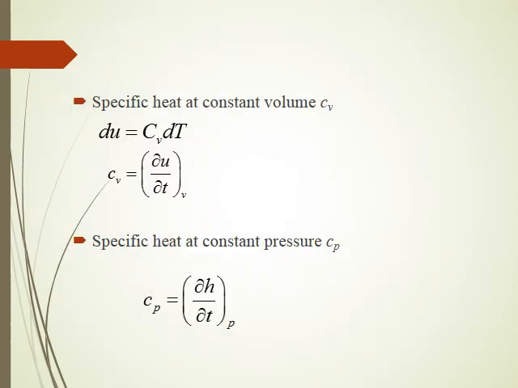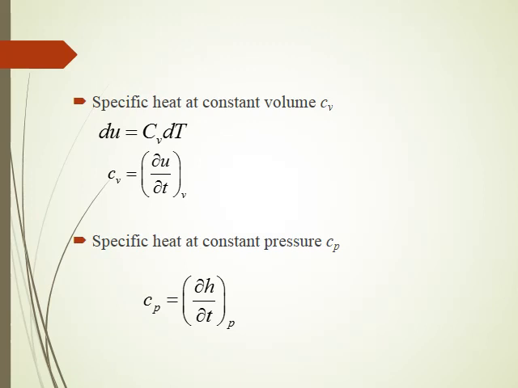and this change in internal energy is going to be equal to Cv dT. Now applying the conservation of energy principle for a fixed mass in a stationary closed system that is undergoing a constant volume process, we can say that the change in energy, which is equal to the change in internal energy, is equal to Cv dT.